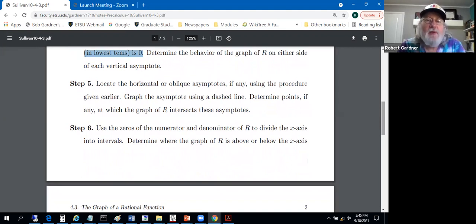Step 5, locate horizontal or oblique asymptotes, if any. We've dealt with this previously. It depends on the degree of the numerator and denominator. Graph the asymptotes using dashed lines, vertical and horizontal asymptotes. Determine points, if any, at which the graph of R intersects the asymptote. So graphs can certainly intersect asymptotes.